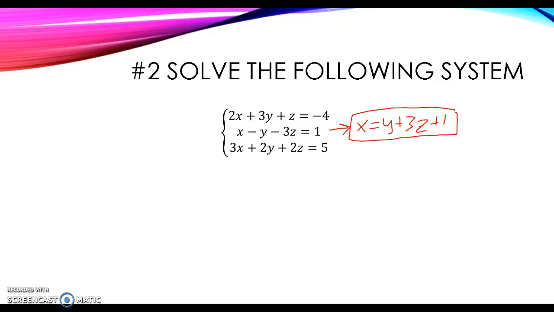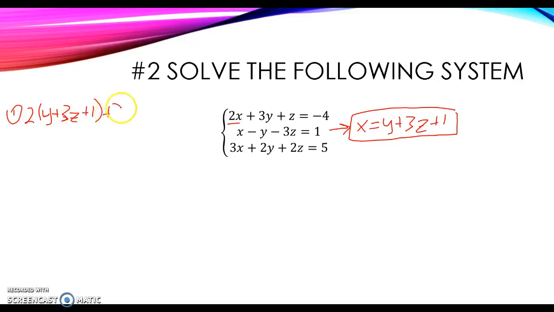And so I'm going to take the first equation first here, and that's 2x. Well, 2 times x, but I'm not going to put x there. I'm going to put what x is equal to, which is y plus 3z plus 1.